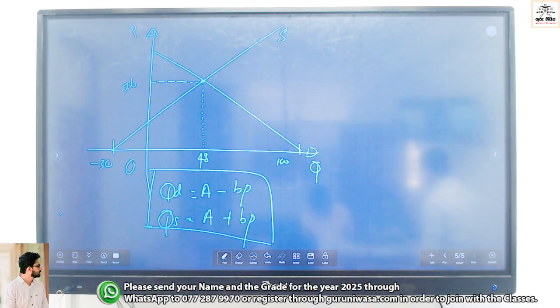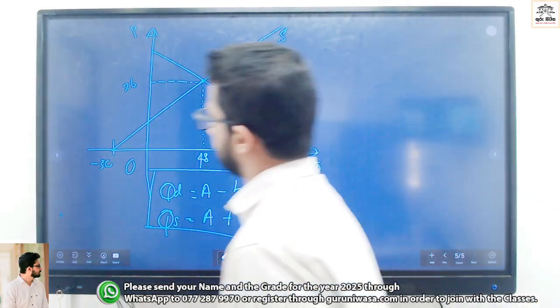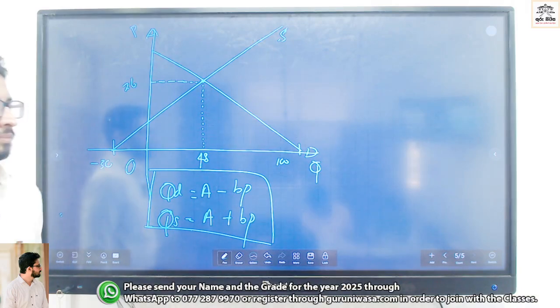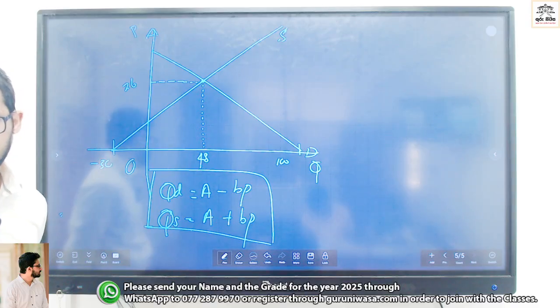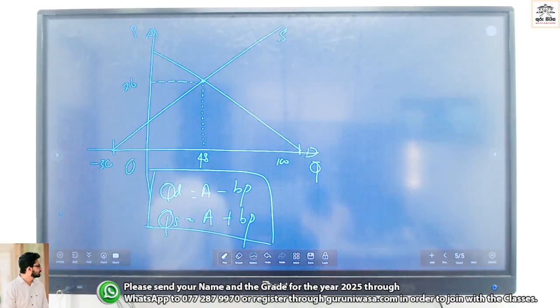Try it. Alana, any idea how to derive the demand and supply equation?